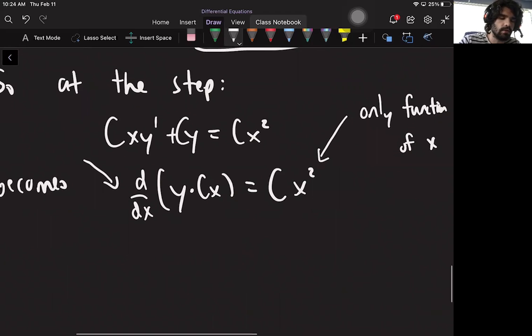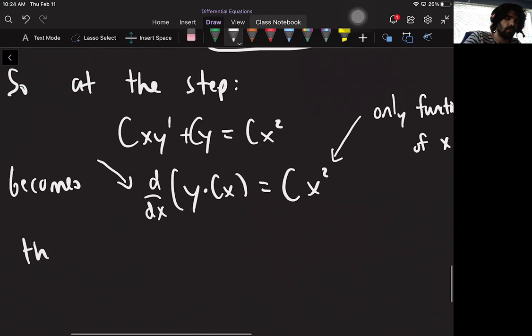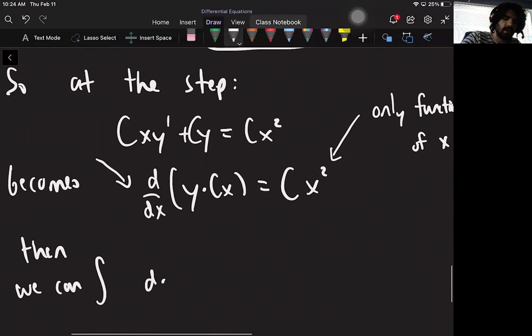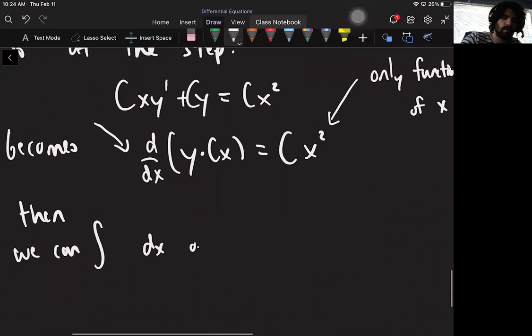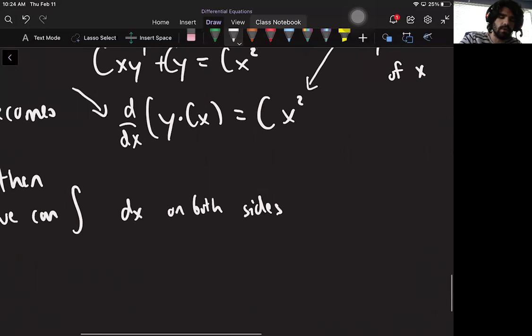So what I can do to continue is integrate with respect to x on both sides. And what will that do for me? Well, on the right side, I'll just be able to do the integral because it's a function of x.